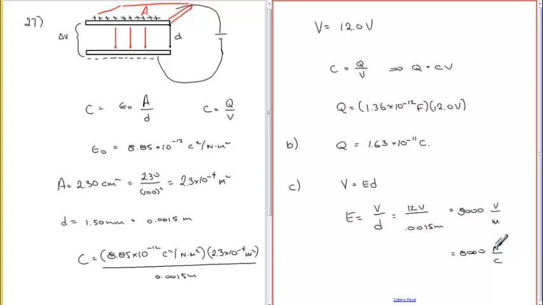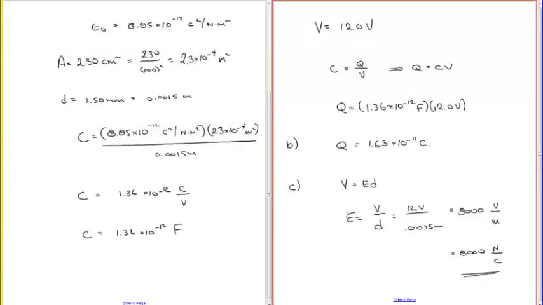So let me go and check the answer book and make sure that I have the right answers. Okay, so I've checked the answers, and these are correct. The only thing I'd like to add is that 10 to the minus 12 has the prefix pico, so this would be 1.36 picofarads.